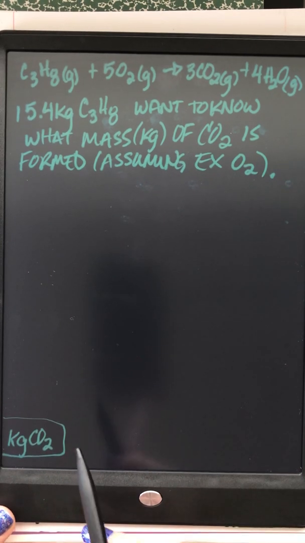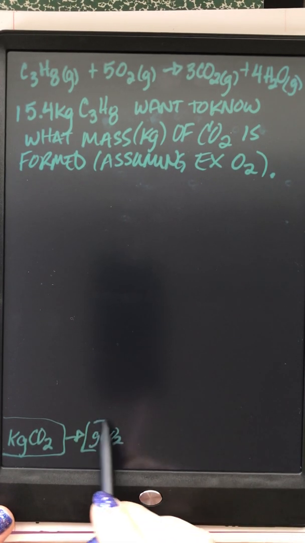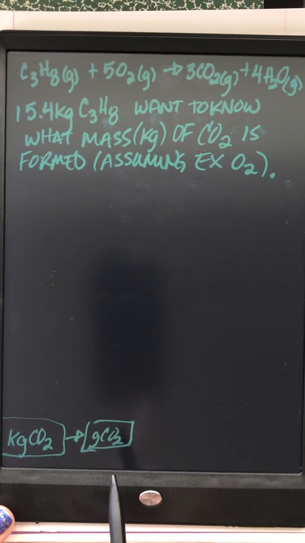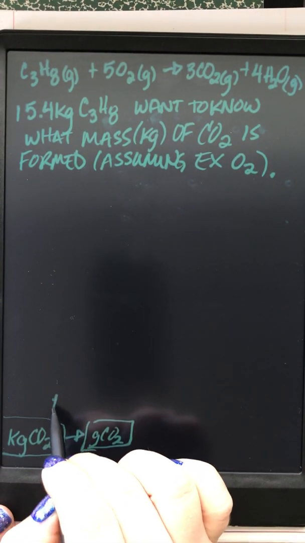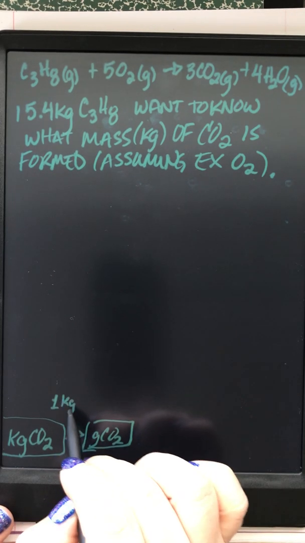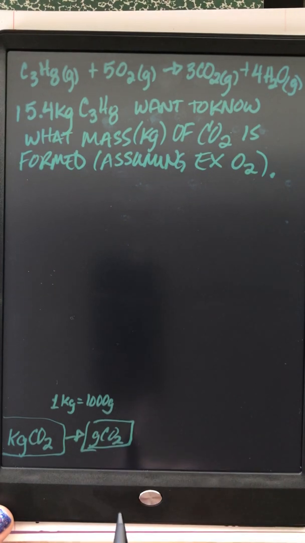Converting it to grams. Exactly, right? So I want to get out of kilograms and into grams of CO2, in which case I need the conversion factor that goes 1 kilogram is equal to 1,000 grams, right?